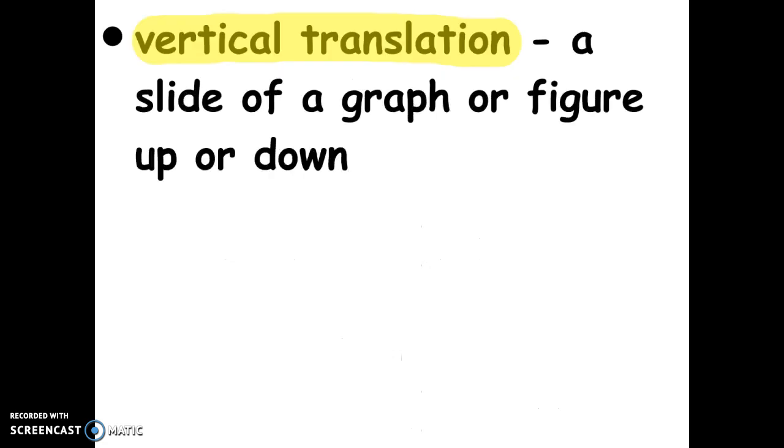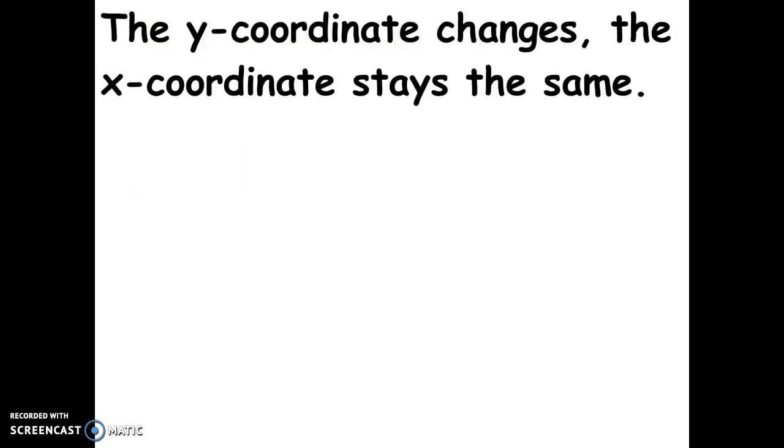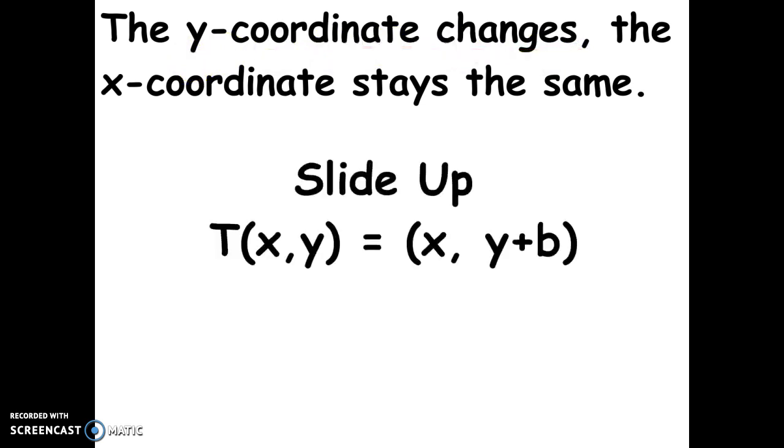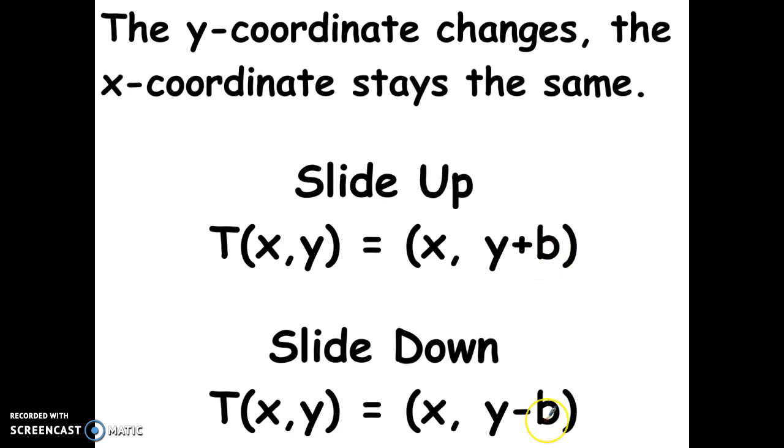For a vertical translation, that's a slide of a graph up or down. And for this one, the y-coordinate changes and the x-coordinate stays the same. So for a slide up, you're adding to the y value, and for a slide down, you're subtracting from the y value.